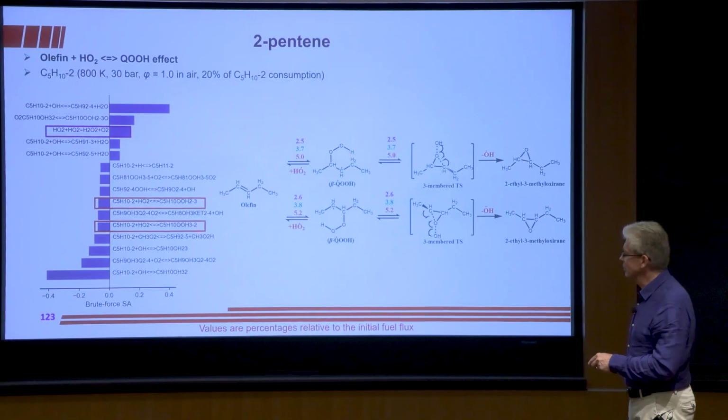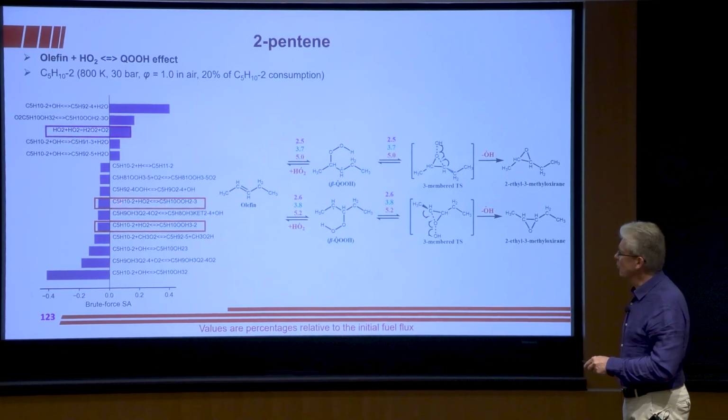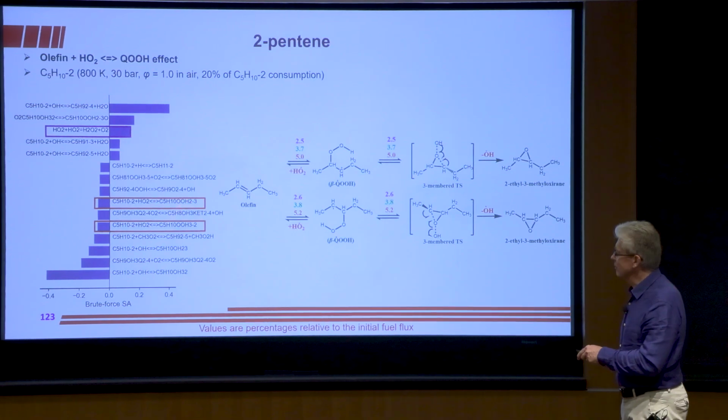That's what that 3,2 means. And here there's another one that also increases reactivity, the similar reaction giving you the hydroperoxy alkyl radical, but on the 2,3 site. So the OH is on carbon 2, the radical site on number 3.